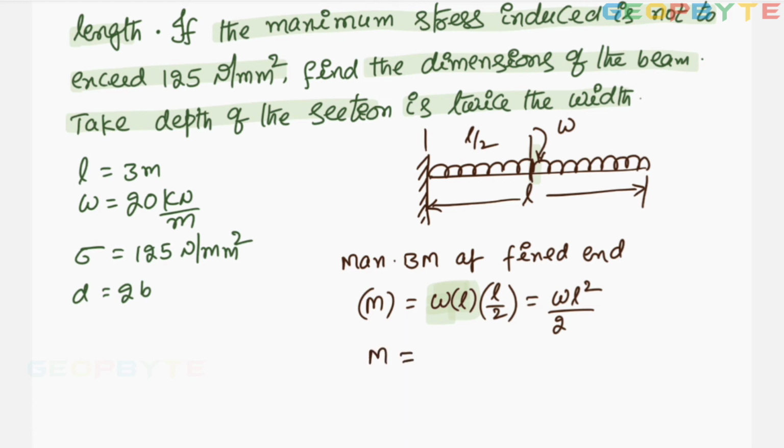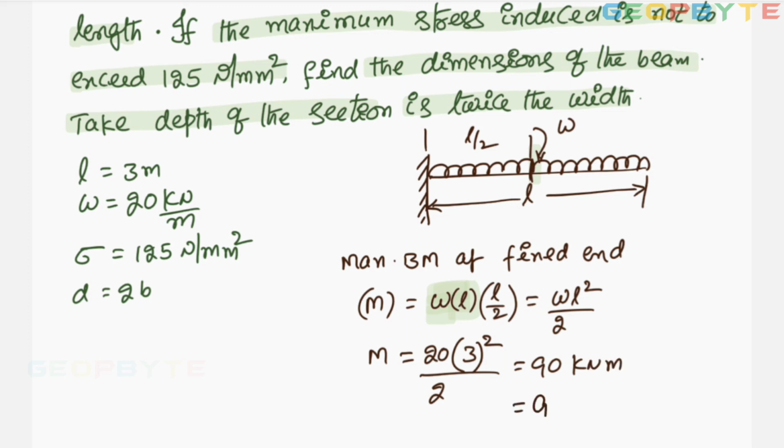Therefore, maximum bending moment is W, given 20, L given 3 square, divided by 2. You simplify this value for getting maximum bending moment. Maximum bending moment is 90 kilonewton meter.